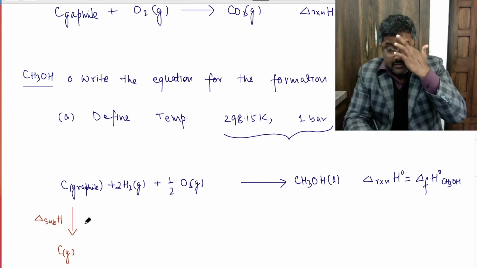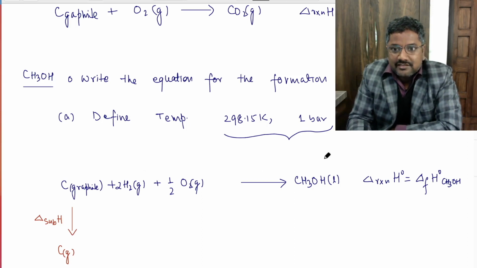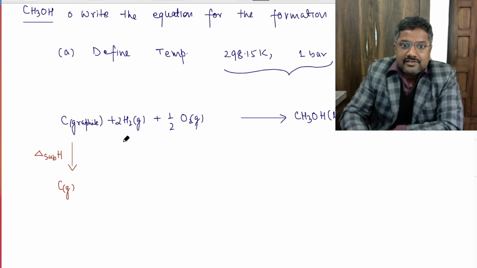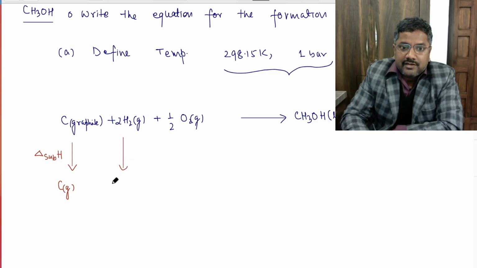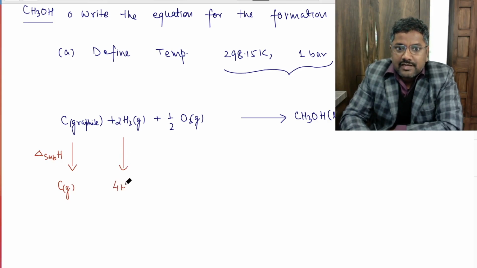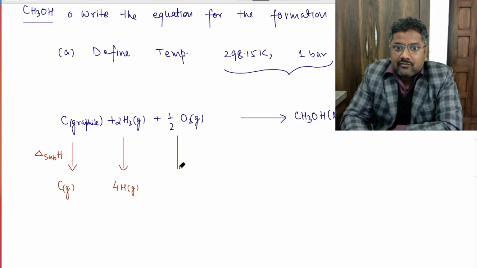If you are not able to break this complex reaction into different thermodynamic steps, then it is very difficult for you to understand things. Now this carbon graphite is there. Now this hydrogen will decompose and dissociate. The H-H bond will break. So 4 gaseous hydrogen atoms will form here, and 1 gaseous oxygen atom will form here.